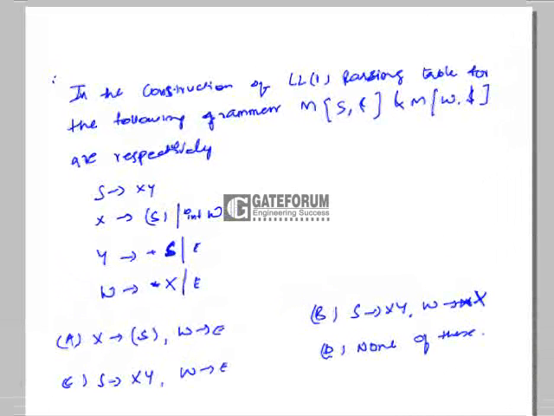In the construction of the LL(1) parsing table for the following grammar, M of S comma left parenthesis and M of W comma dollar. That means we have to find the entries in row S column left parenthesis and in row W column dollar.